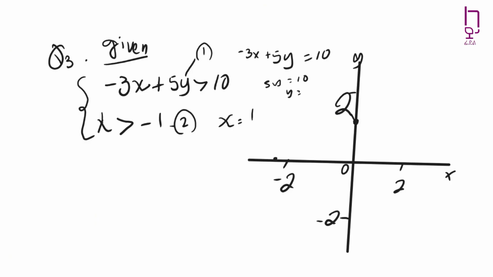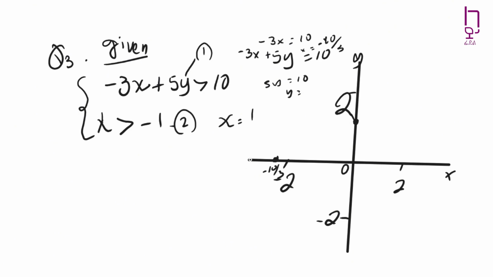To find the x intercept, you plug y as 0. So when you put 0 here, it becomes 3x is equal to 10, so x is minus 10 over 3. So minus 10 over 3 is somewhere here.